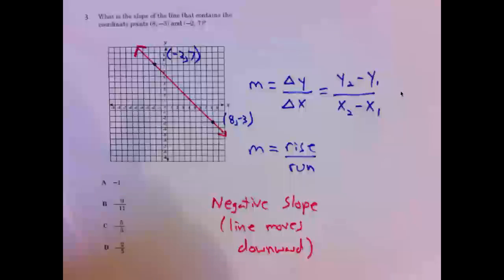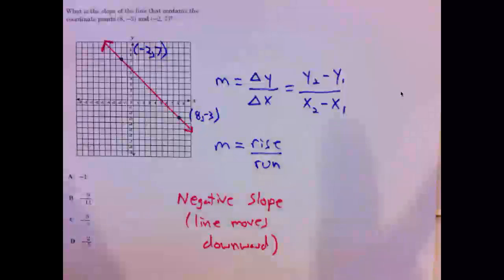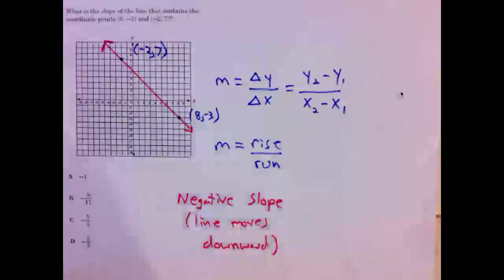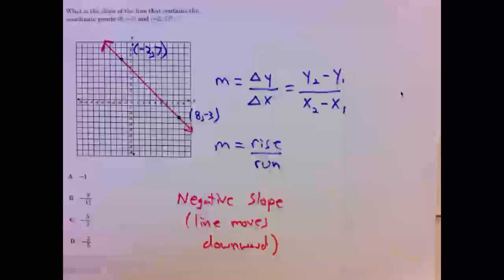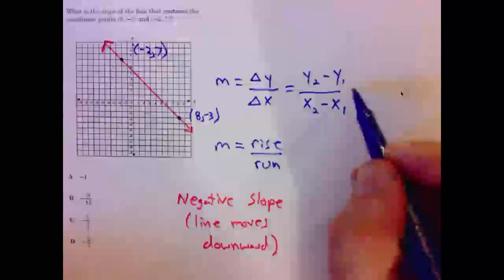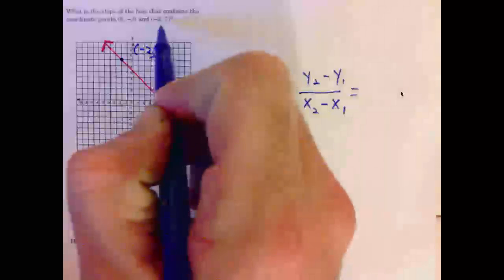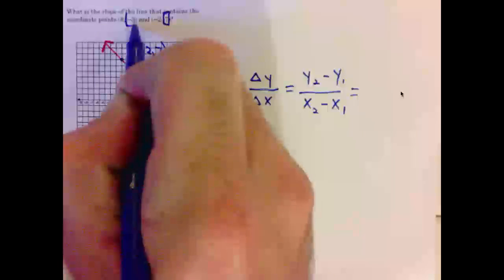Okay, so let's employ our slope formula. The slope formula says, subtract the y's on top, subtract the x's on bottom. Well, our y values, that's the second in each ordered pair. One y value is 7. The other y value is negative 3.